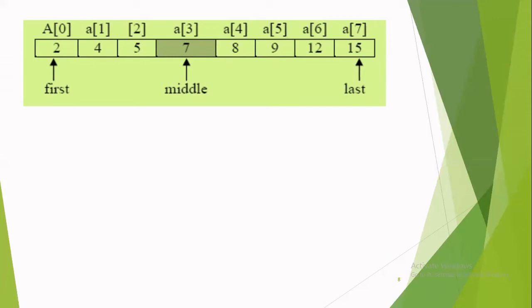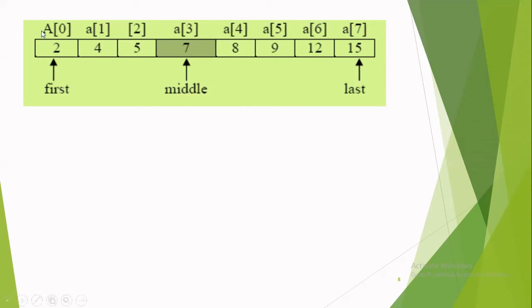Next we are going to use one more pointer variable called middle. The value of this middle pointer variable is computed from the first pointer variable and the last pointer variable. Let us now see how this middle pointer variable value is computed. We use a formula. The formula states middle equals (first + last) divided by 2.